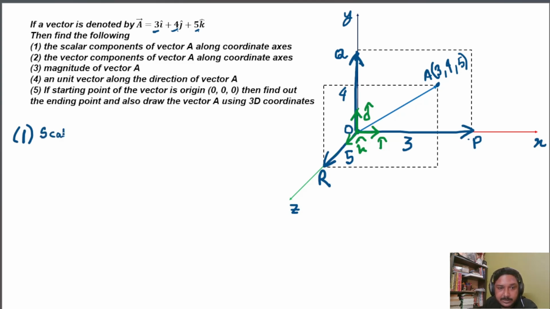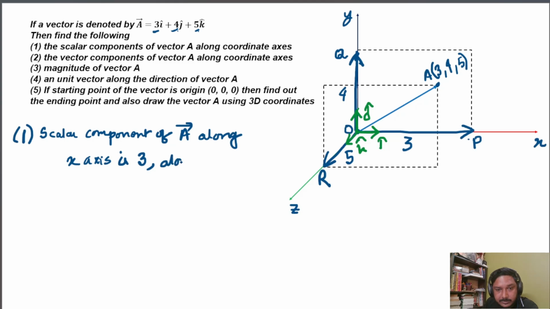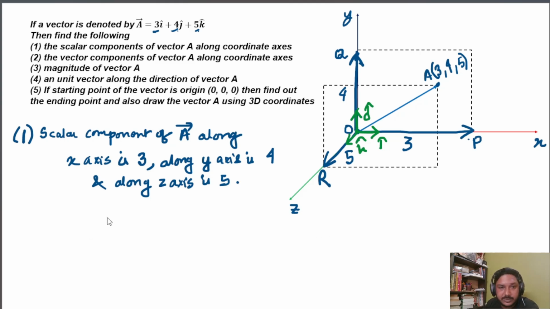So the scalar component of vector A along the x-axis is basically 3, along the y-axis is 4, and along the z-axis is 5. Okay, so these are the scalar components along the x, y, and z-axis.